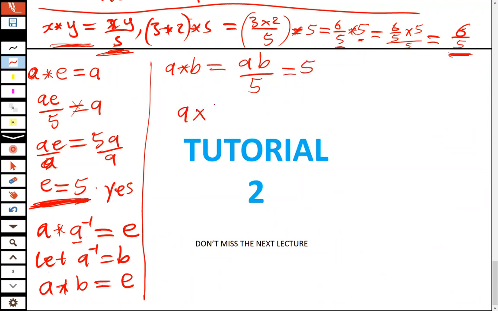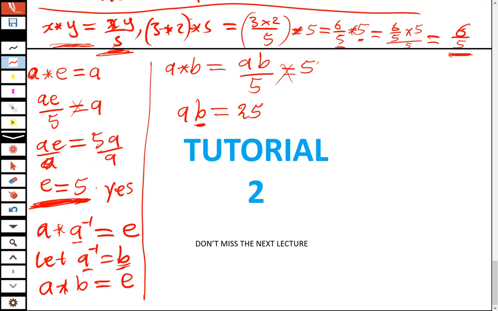Hence, A times B, rather, let me just write it the way it is, AB, is equal to, when you cross multiply there, 5 times 5 will get 25. So we make B the subject of the formula because we said A inverse is just B there.